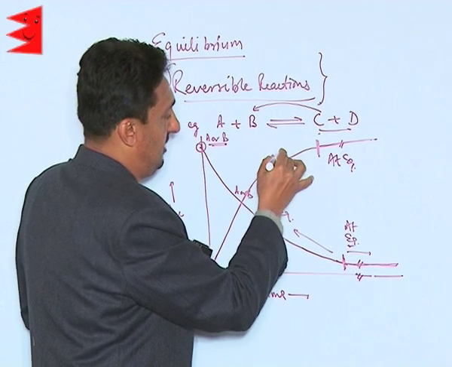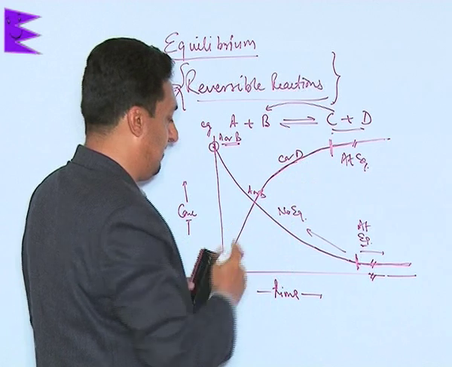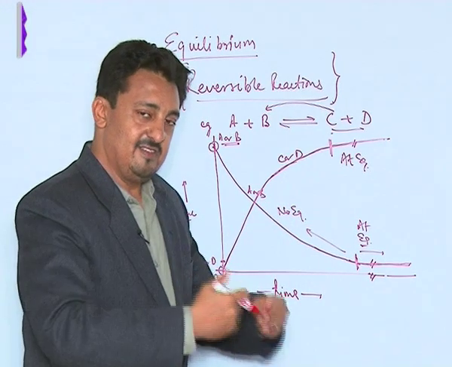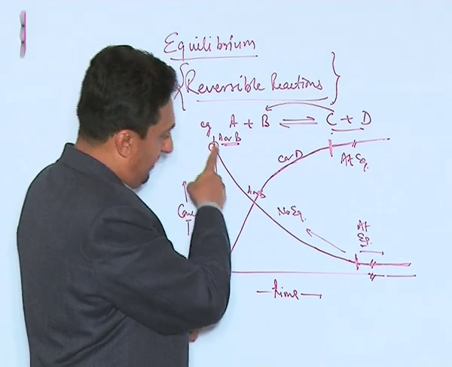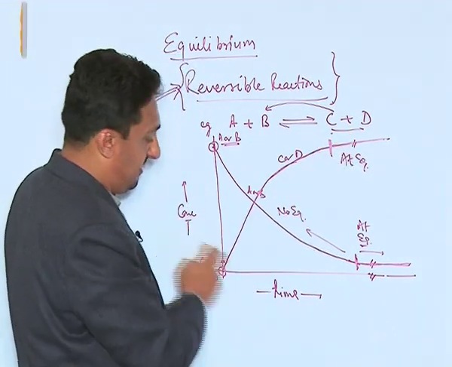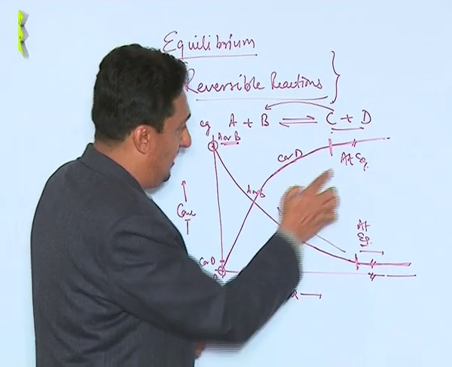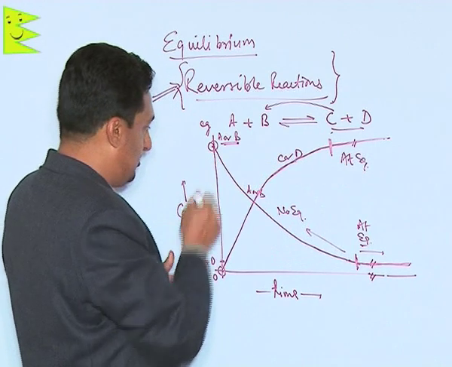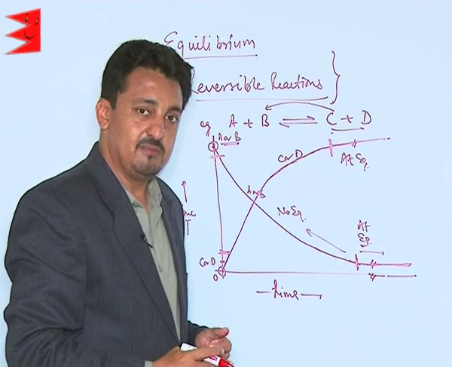So this was for C or D, and as long as the graph remains curved, the concentration keeps on changing. So always remember, whenever we plot concentration against time, the moment the graph becomes parallel to the x-axis, the concentration is not showing any change with time. The system is at equilibrium.